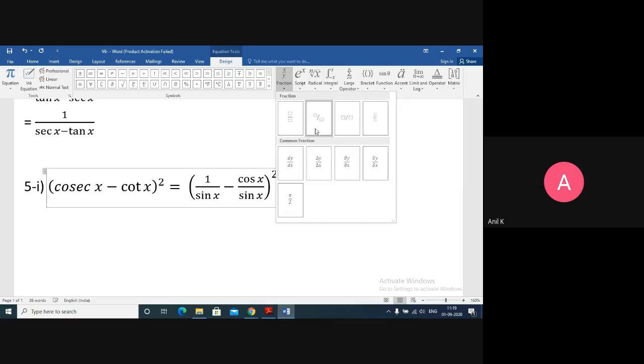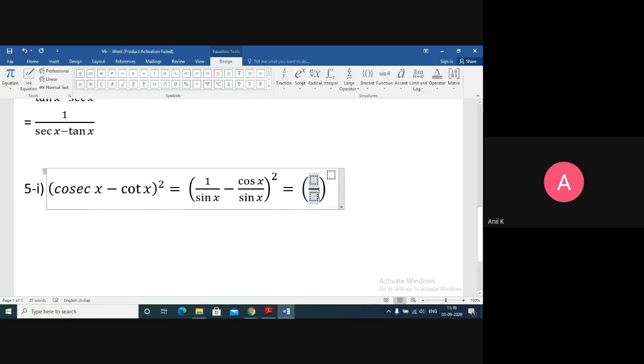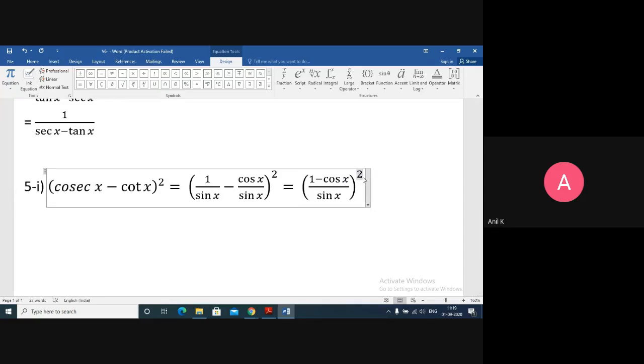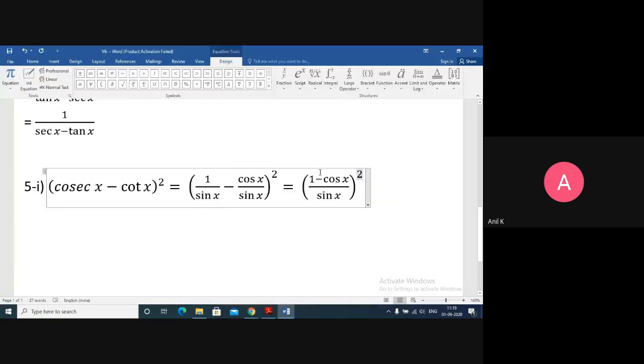Now the next step is I'll take the LCM. So my denominator is going to be sine x and the numerator is going to be 1 minus cos x, whole square. If you observe the question, I have to prove (1 minus cos) upon (1 plus cos). I got 1 minus cos, but I have a whole square. So I separate the square term.